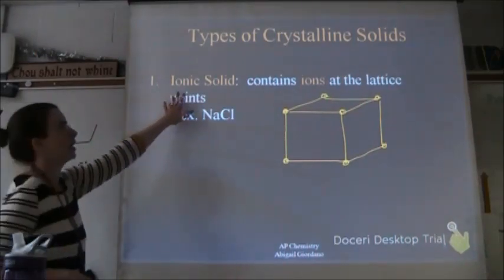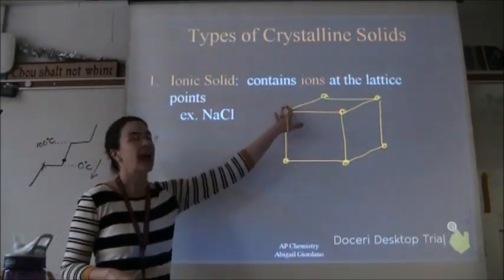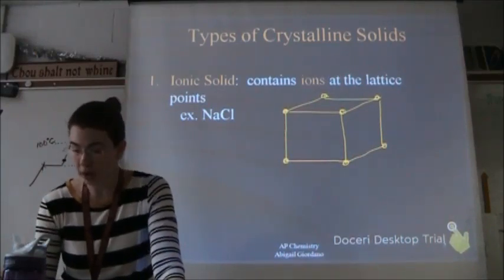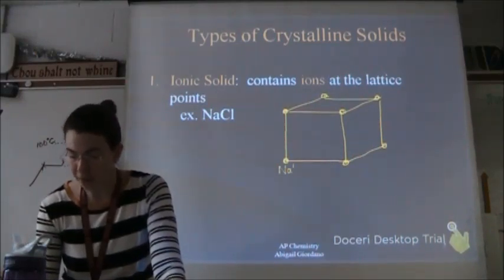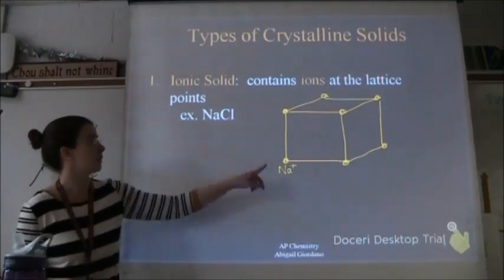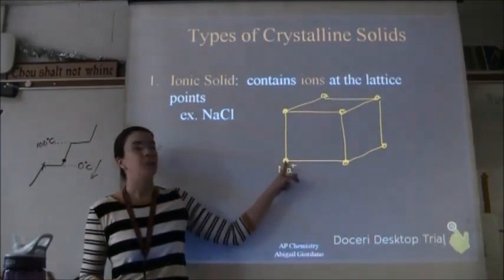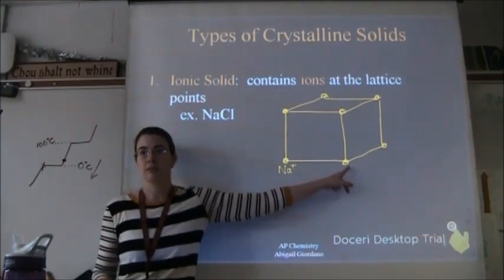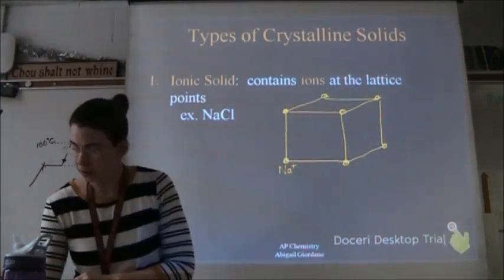If we're talking about an ionic solid, what's at those points are individual ions. So if we're talking sodium chloride, a sodium ion would be at this point. What do you think would be at the point next to it? Cl minus. You're right.